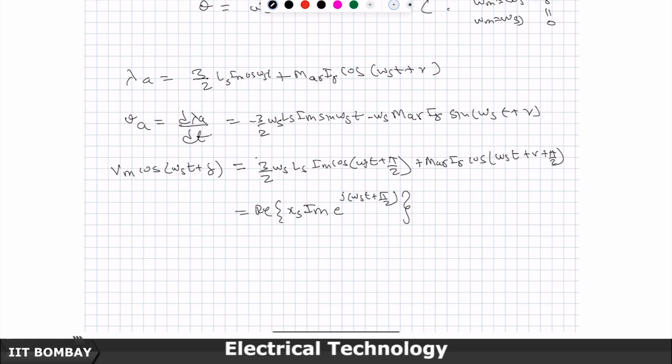So, this is what I will get, and similarly this I will write as the real part of MAR IR e to the power j omega s of t plus gamma plus pi by 2, and the left hand side I can write as the real part of Vm e to the power j omega s of t plus delta. You can see this e to the power j omega s t is coming because I am trying to convert these sinusoids into phasor equations.